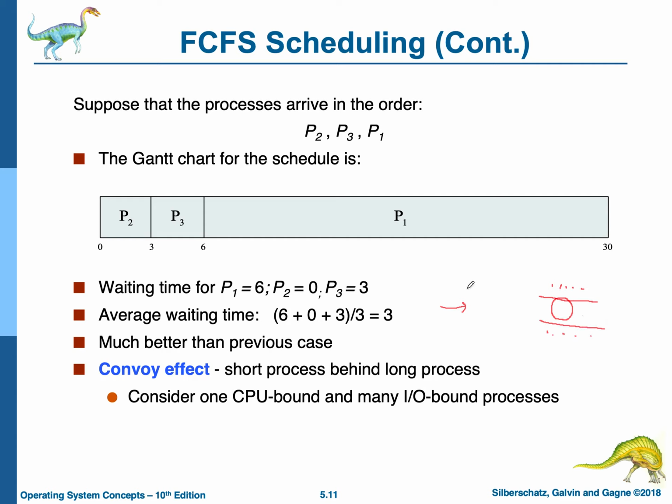This might take 1 hour, but still these people are waiting. So maybe a convoy is coming, right? But the shorter job has to wait longer. Let's say this is a short job, and these are variable sizes, where the size of the box represents the size of a job, a process. So the shorter job has to wait for a long time; this is the convoy effect.